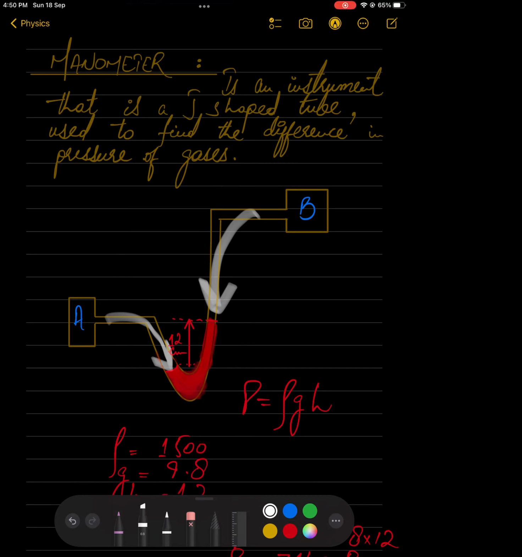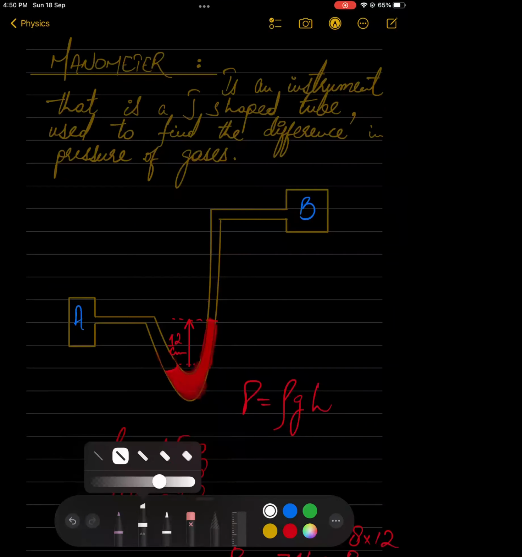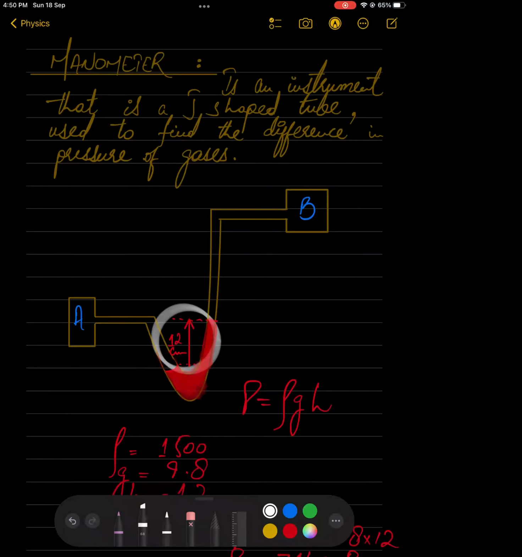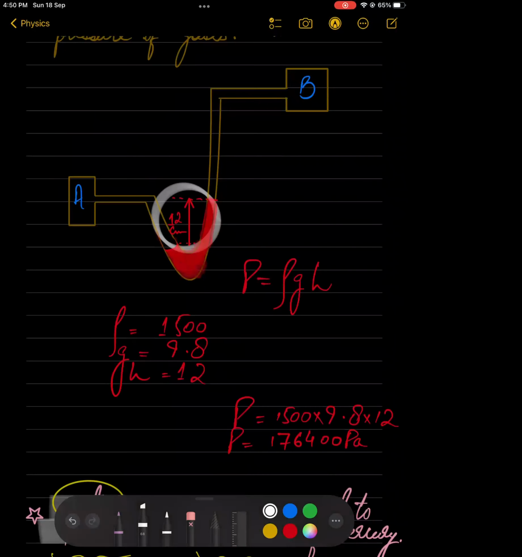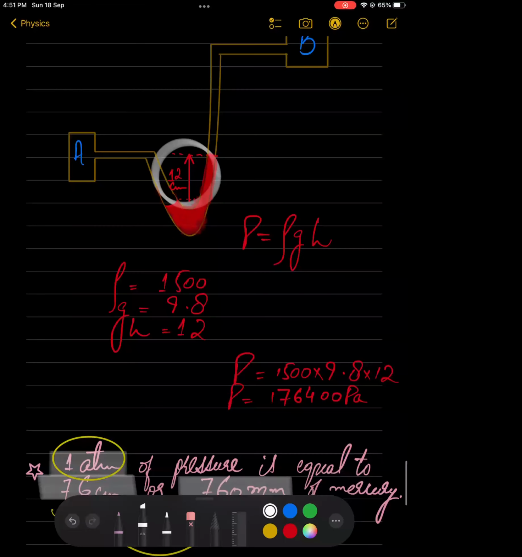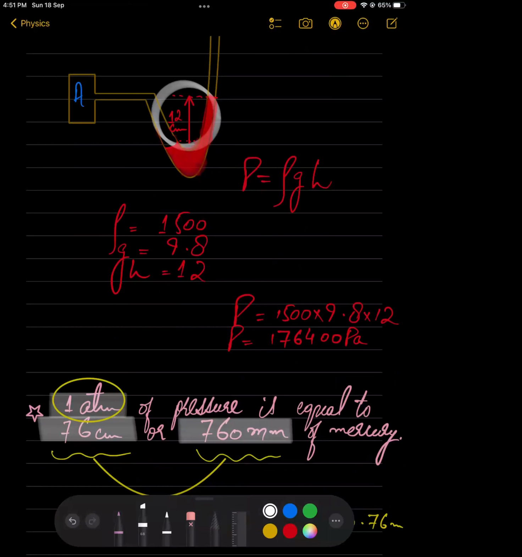Since they haven't provided us with any sort of value, तो हम फिर in terms of height define करते हैं इस particular event. In terms of height कैसे define करेंगे? हमने ये देख लिया है कि गैस ए का प्रेशर ज्यादा है. कितने सेंटीमीटर ज्यादा है? 12 सेंटीमीटर ज्यादा है. So we will say that the pressure of gas A is 12 centimeter more than the pressure of gas B.